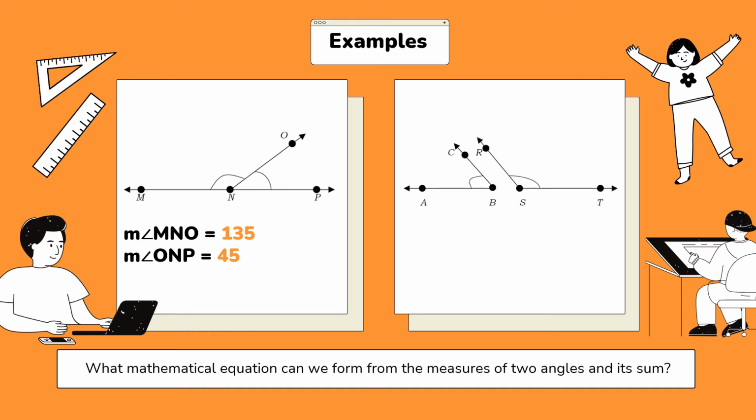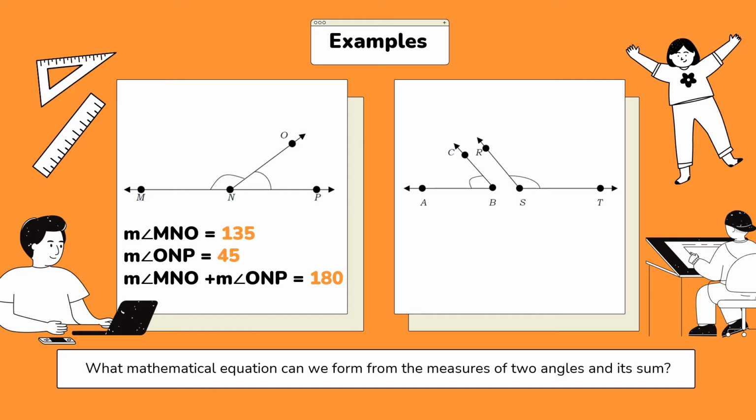Now the equation that we can form from those two angle measures is, that is right, the measure of angle MNO, which is 135, plus the measure of angle ONP, which is 45, will be equal to 180.